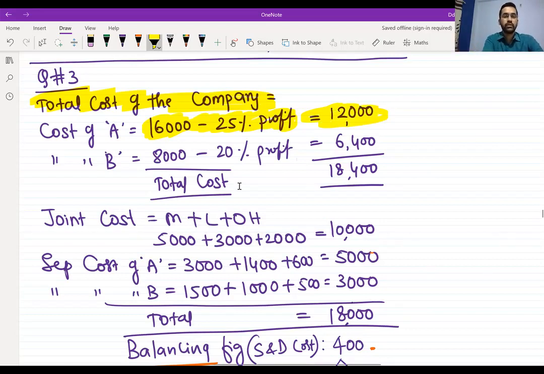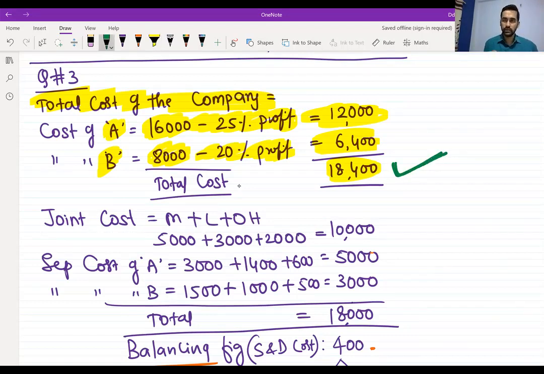Same thing, repeat this for B. Sales 8,000 minus 20% profit, that will be 6,400. If you add, 18,400. Keep this number one side.